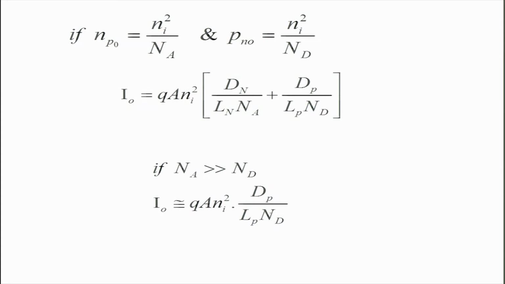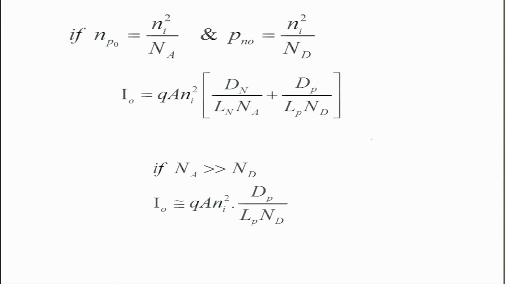So the reverse saturation current is governed by the hole diffusion length. Whereas if it was the other way around, with Nd much greater than Na, then I naught will be equal to qA Ni squared into Dn divided by Ln Na. So this is the expression for the current.